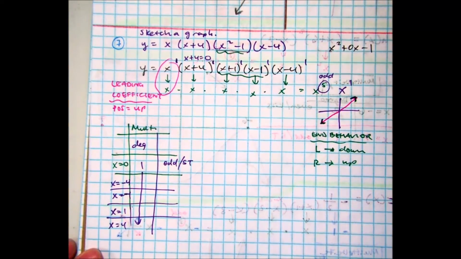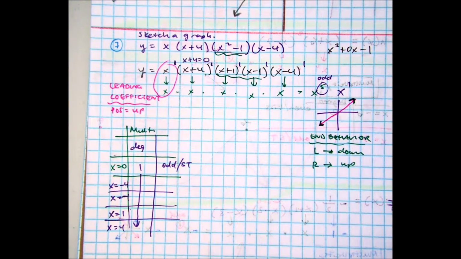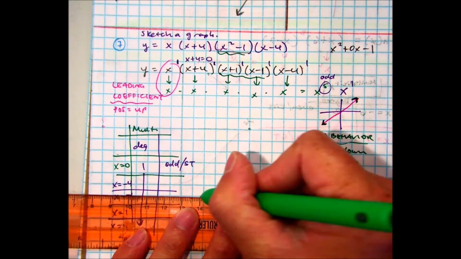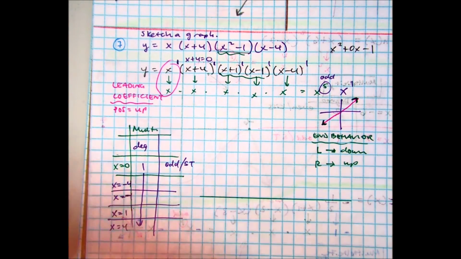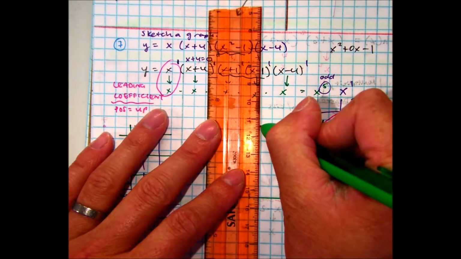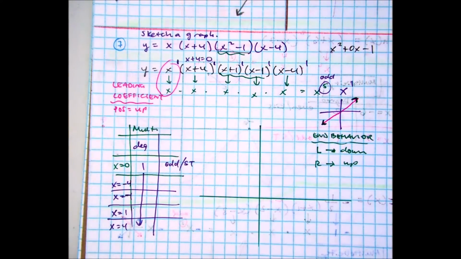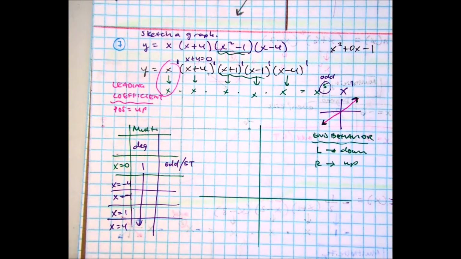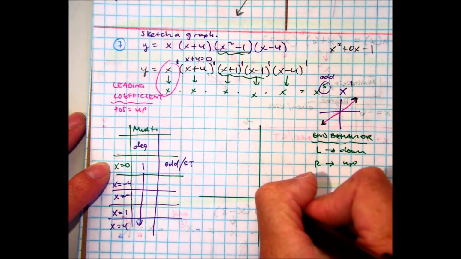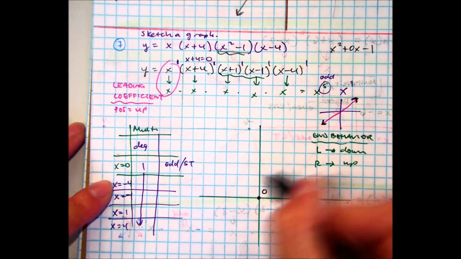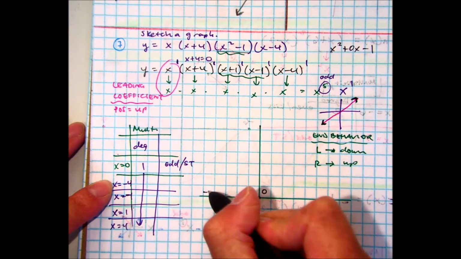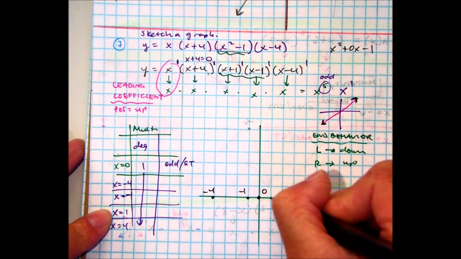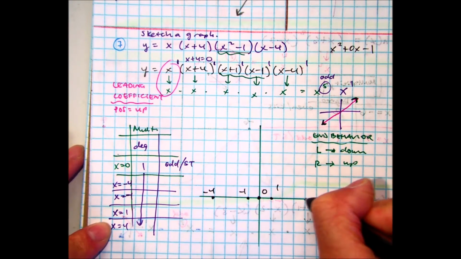So let's go ahead and give ourselves a graph here. Got a lot going on there. I'm just going to label all of these: x equals 0, x equals negative 4, negative 1, 1, and positive 4.